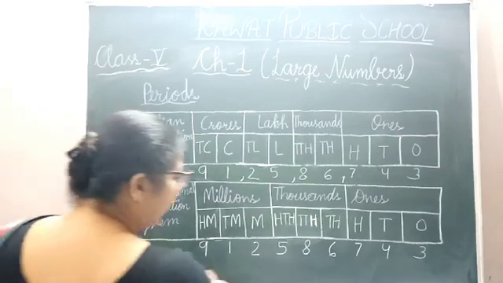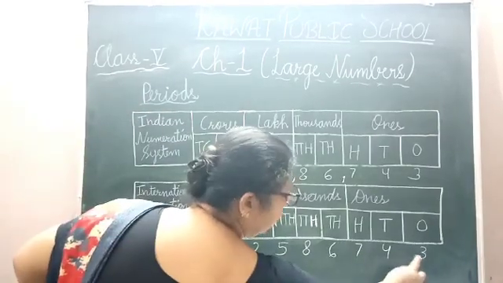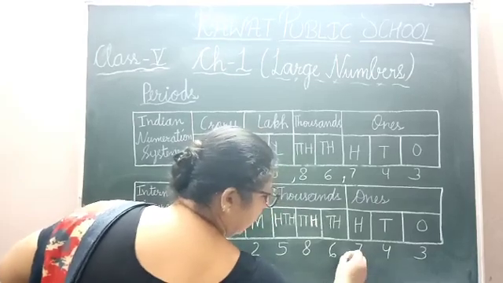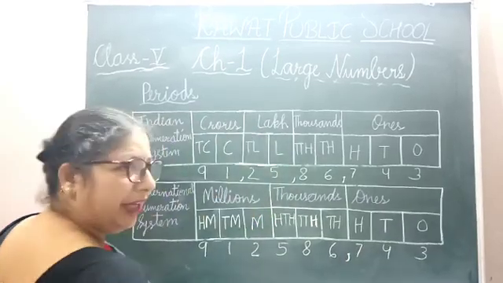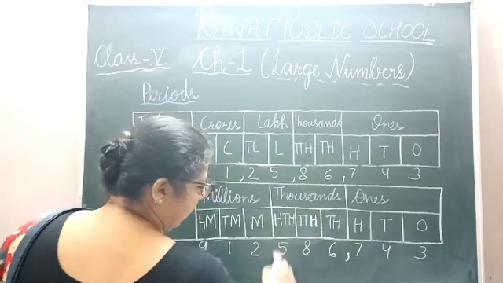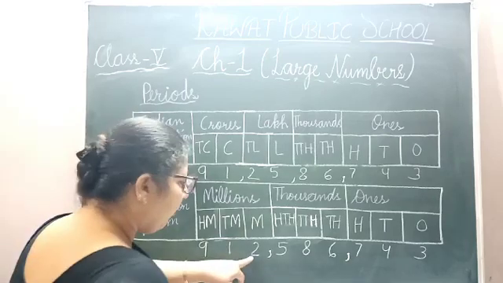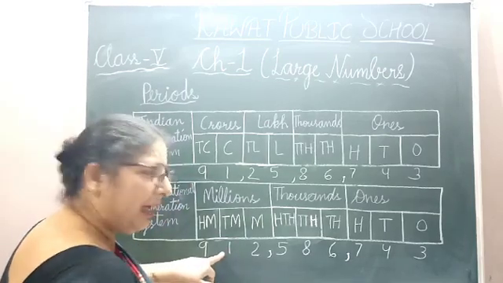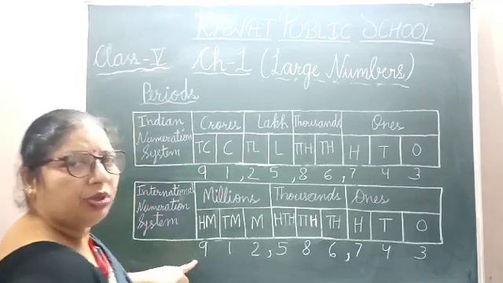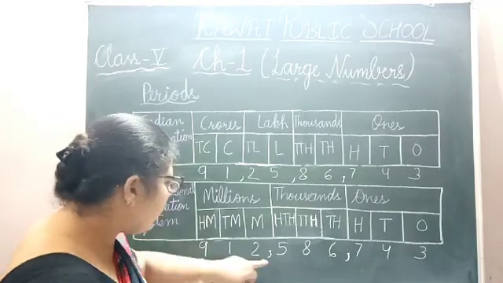So how do we read this number in the international system of numeration? Students, ones, tens, hundred, then put a comma after the first period, then thousand, 10,000, 100,000, then put a comma after this period, then 1 million, 10 million and 100 million. So how will we read it? This is the millions period.